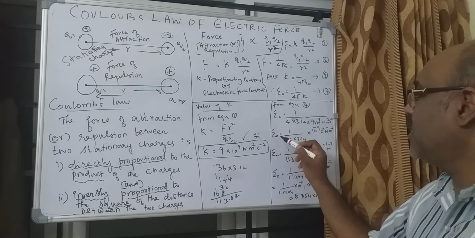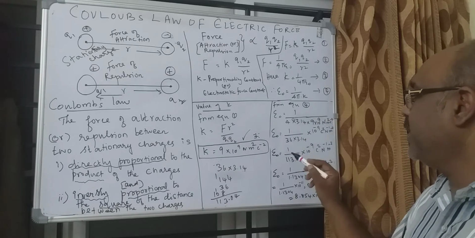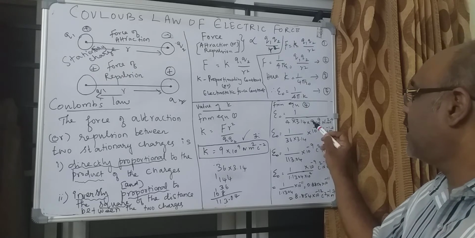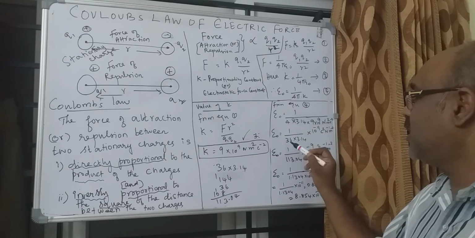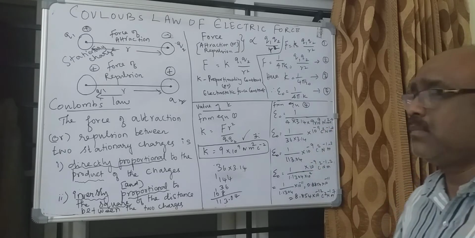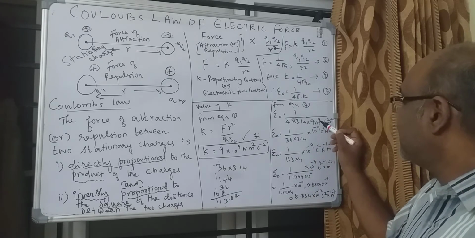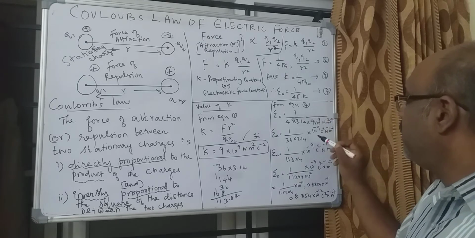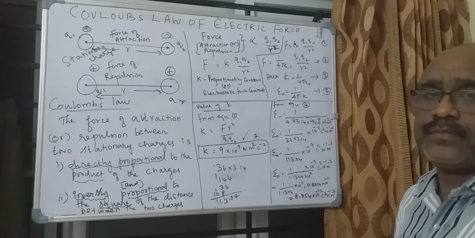So, epsilon naught is equal to 1 divided by, I am multiplying 9 and 4. 9 fours are 36 into 3.14 and taking this 10 to the power 9 to the top, it becomes 10 power minus 9.